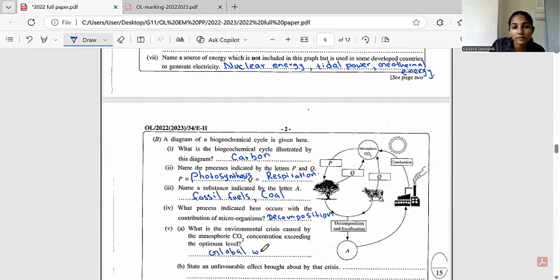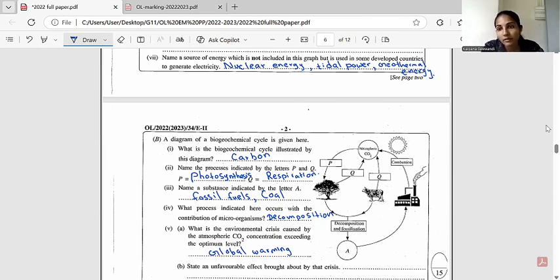Global warming happens due to the increasing atmospheric carbon dioxide level day by day. As a result of increasing greenhouse gases, the Earth's temperature is rising day by day. State an unfavorable effect brought about by this crisis.